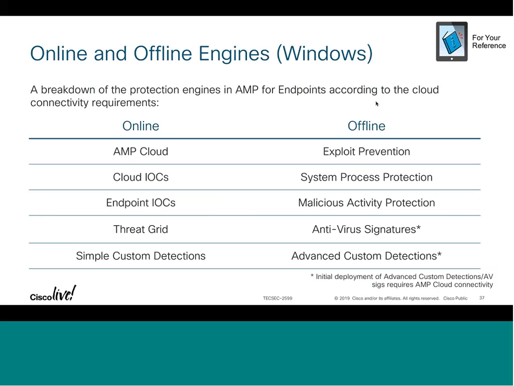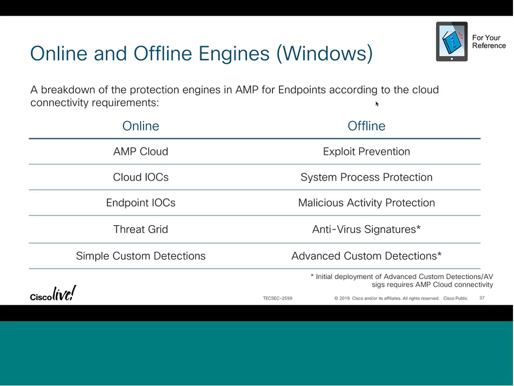You've got customer-written endpoint IOCs that could be delivered there. You have access to Threat Grid and the simple custom detections. Now note, you might think simple custom detections are locally defined, therefore available offline. Not so. The hashes for the simple custom detections are stored in the cloud, just like the Cisco provided ones.